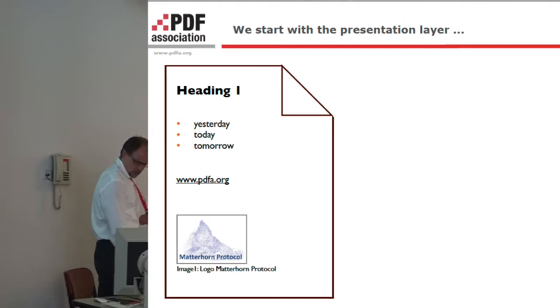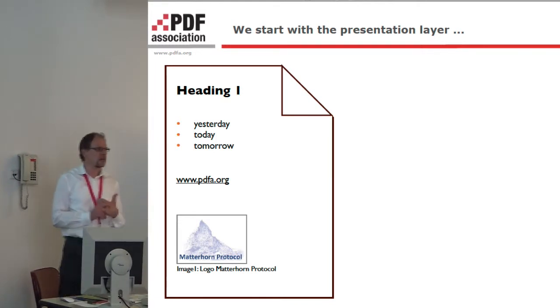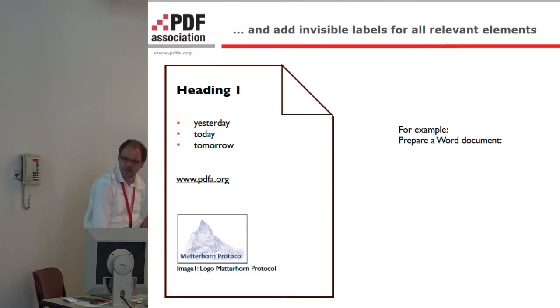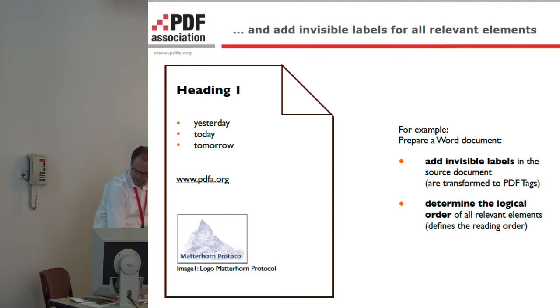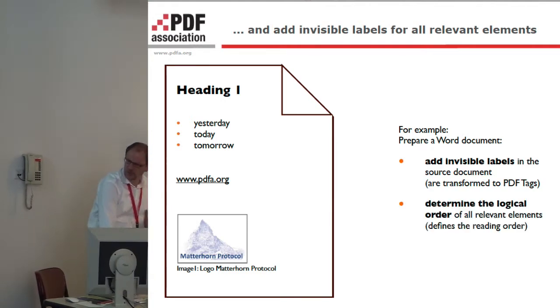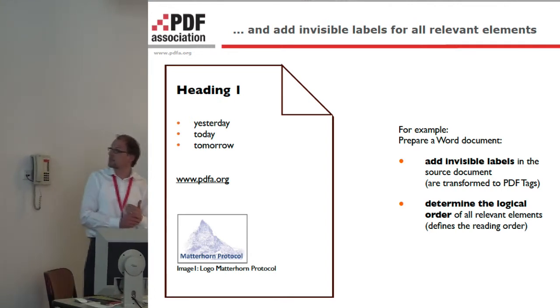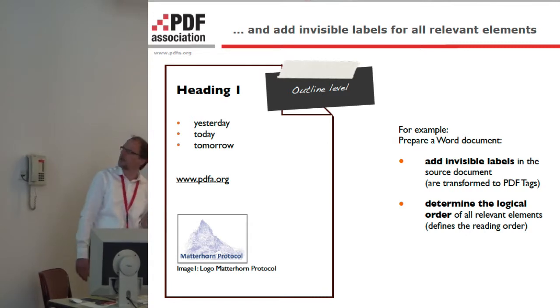And how to create structure. It's the task of the authors, but the software has to support it. And in Word it is very easy because you have to add invisible labels for all relevant elements. And you have to determine the logical order of all relevant elements. And let's have a look how you can do it in Word.